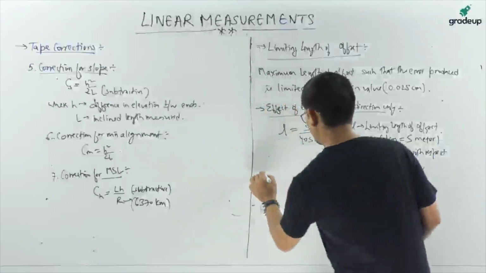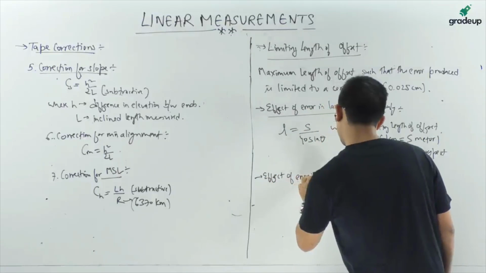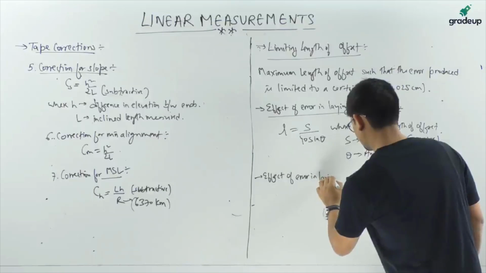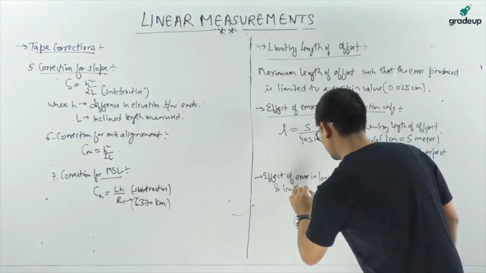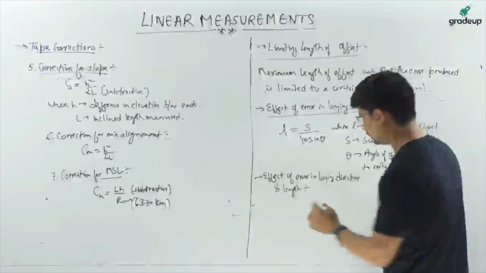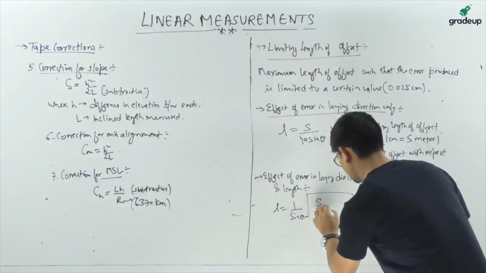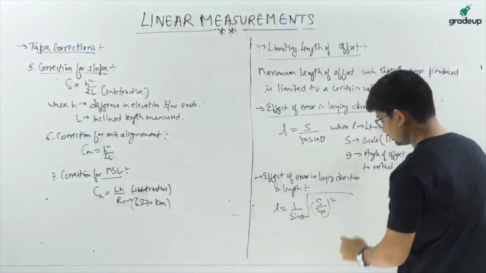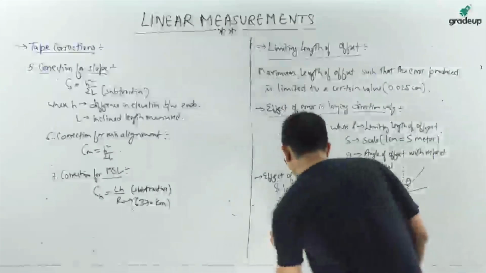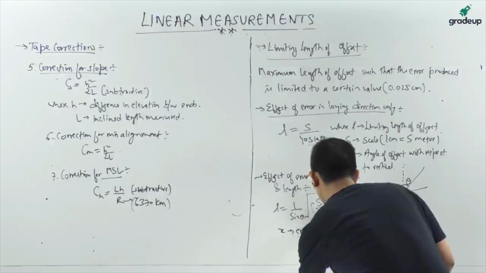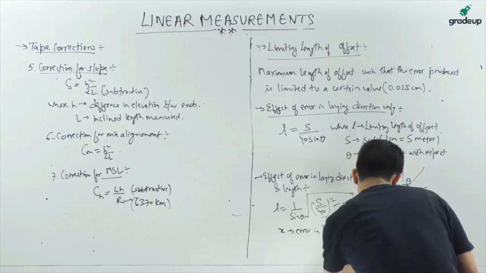Now if there is error with respect to effect of error in laying direction and length as well, in that case the limiting length of offset is L equals 1 upon sin theta under root S upon 40 whole square minus x square, where x is error in linear measurement.